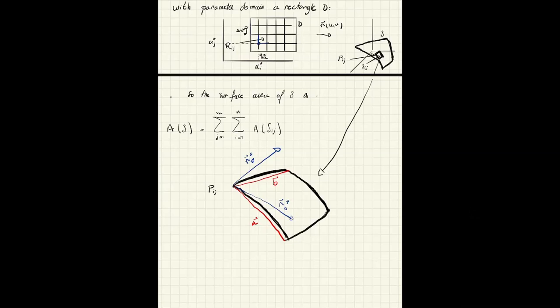Now A and B will be very, very small vectors. First you approximate this surface with the parallelogram spanned by A and B; it's going to be close to the area of this parallelogram when it's a very small patch.